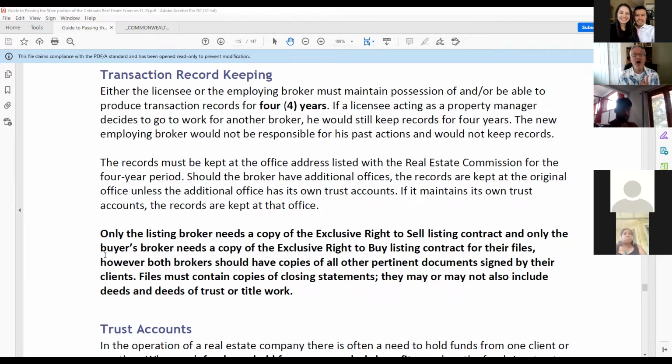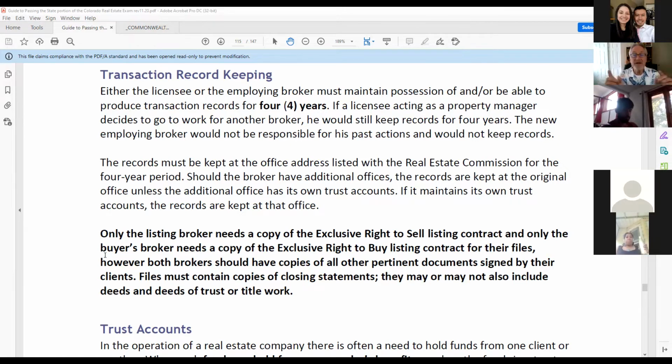Any addendums along the way, both sides should have copies of. You follow with me here? Just logic dictates that, right? Anything that both sides have signed. If there's a document with a buyer and seller signature, each side should have a copy of that in their file. Making sense?